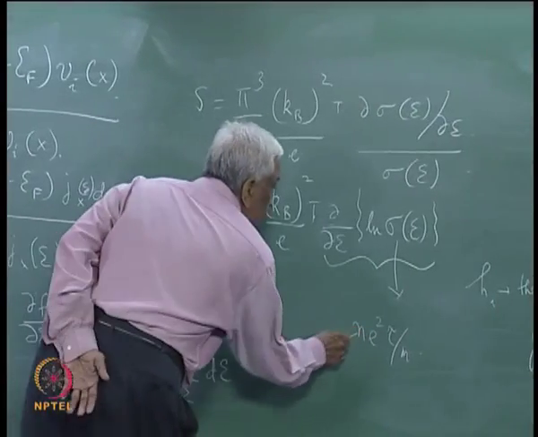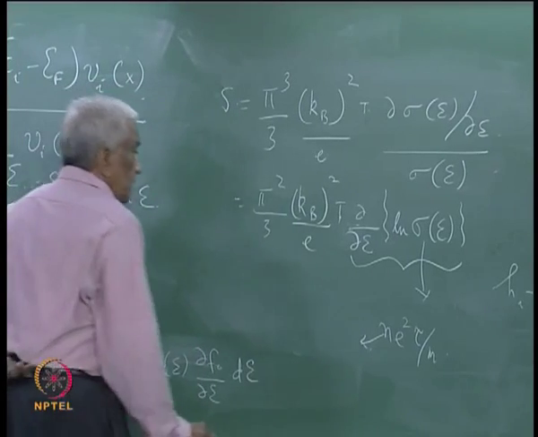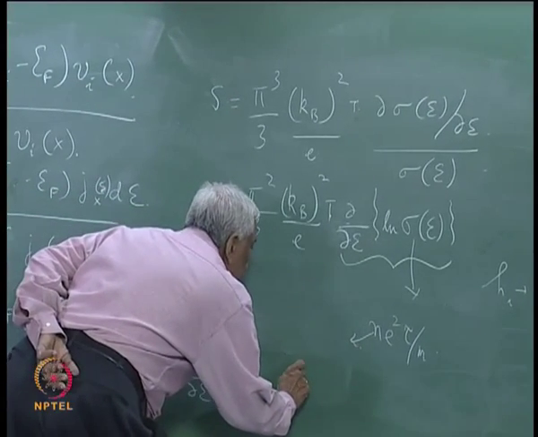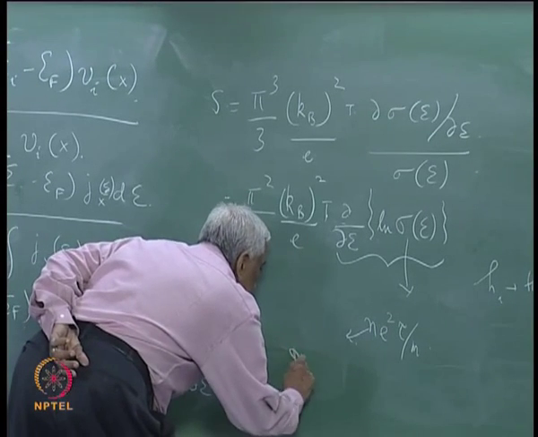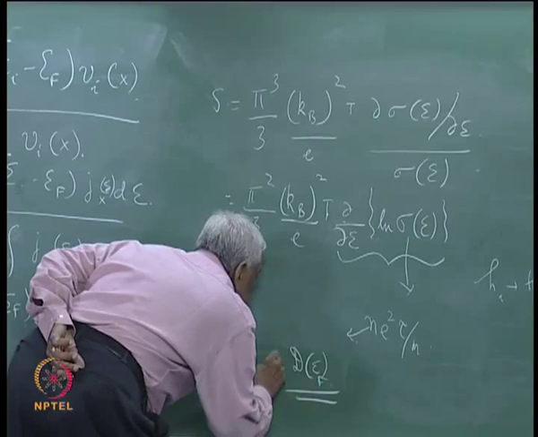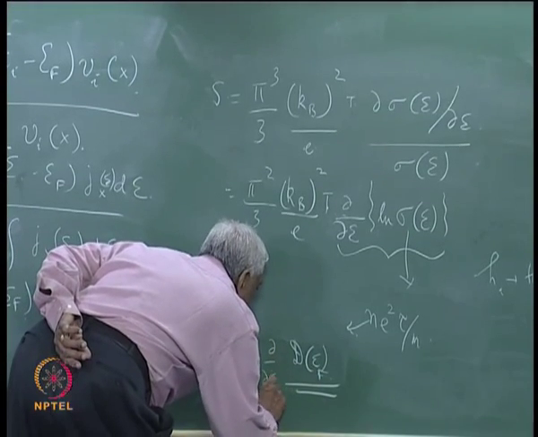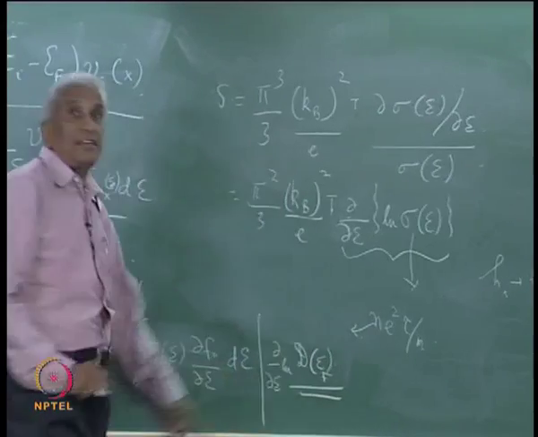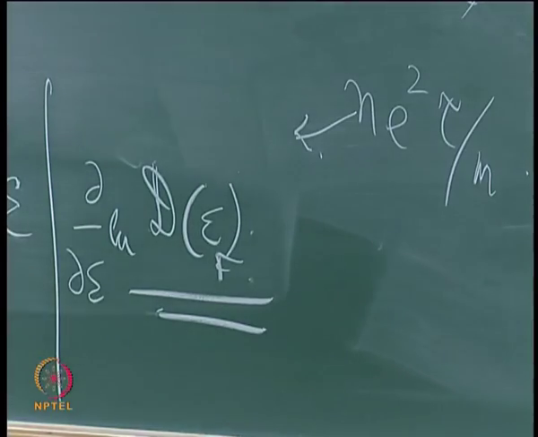The strongest energy dependence comes from the electronic density of states at the Fermi level. So, this is the main factor determining the value of the thermoelectric power in a metal.